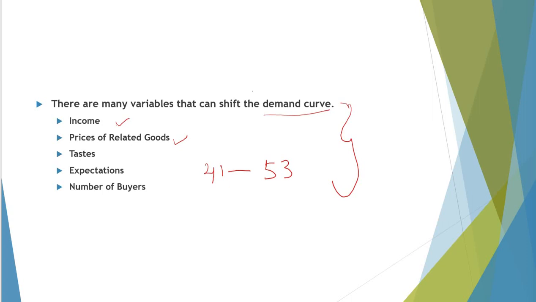But reference number one and reference number two, kalau you dapat download fifth edition punya, you can go to page number 69 until 71. So, these two books will explain in detail about shift in the demand curve.